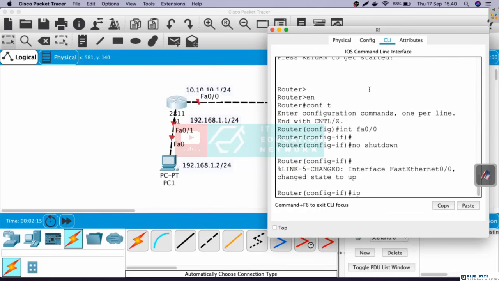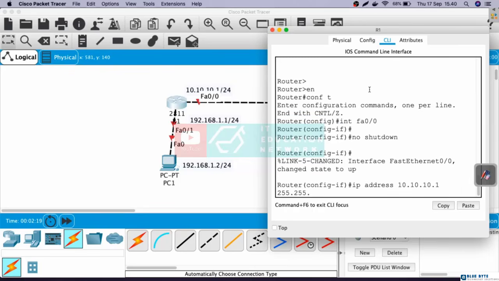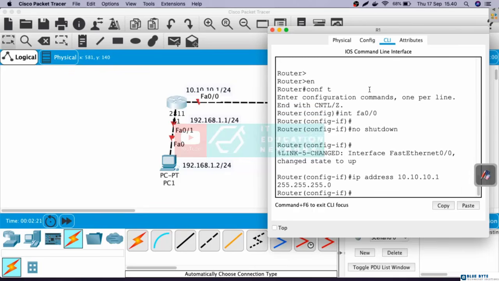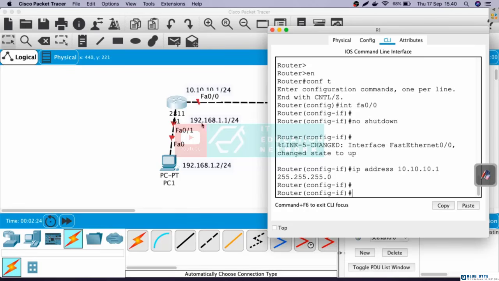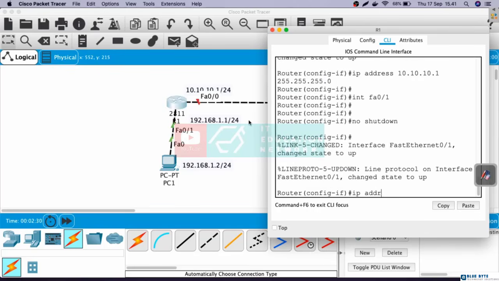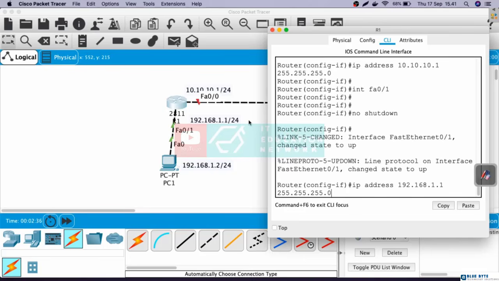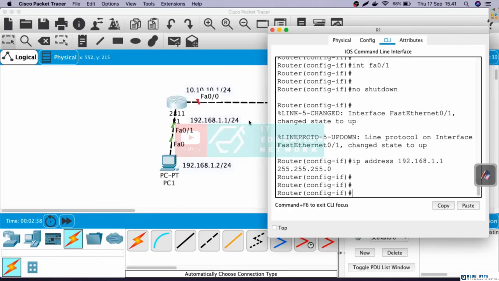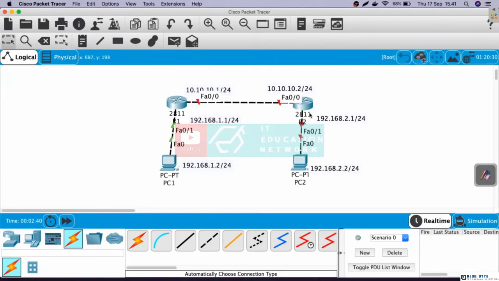The IP address is 10.10.10.1 255.255.255.0. Next, for FastEthernet 0/1, interface FastEthernet 0/1, no shutdown. IP address 192.168.1.1 255.255.255.0. Okay, now we have done router 1.